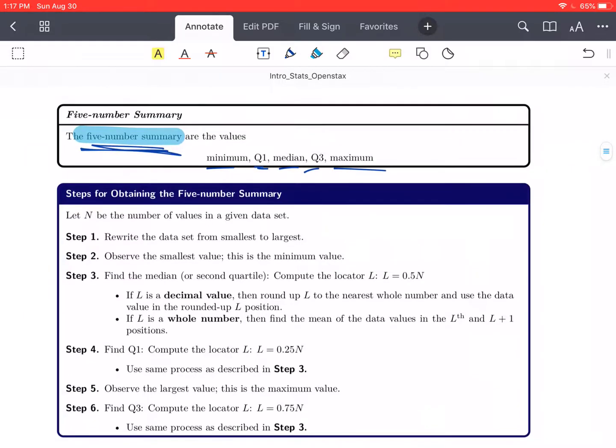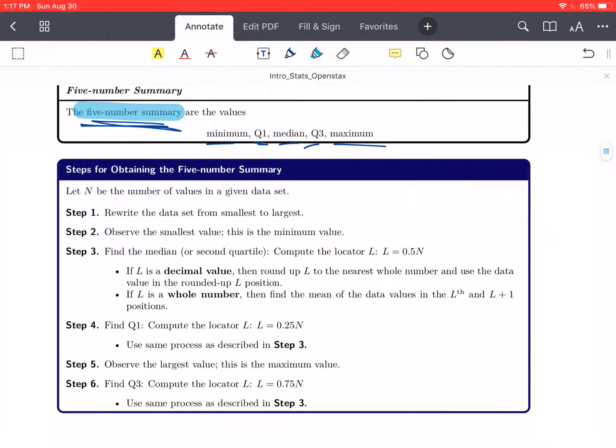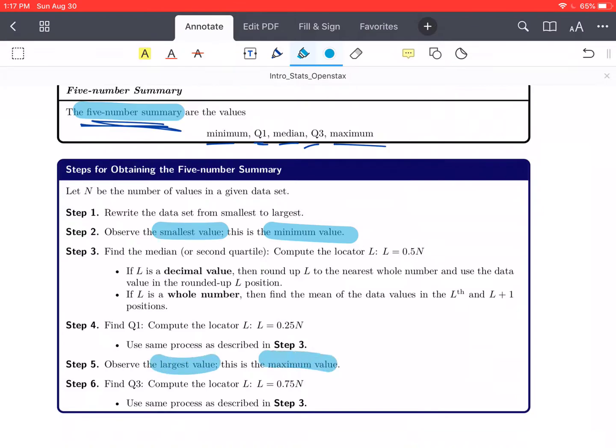Now, when you're obtaining the 5-number summary, they're giving a step-by-step here, but basically you're just trying to find the middle of everything. So first you find the smallest value, that's the minimum. Of course the largest value is the maximum. Then you want to find the median, or the second quartile. So you just find the middle value.